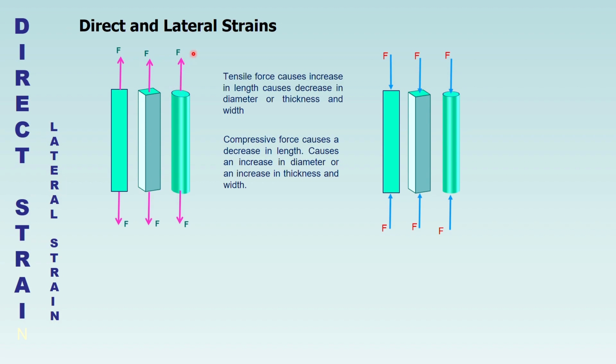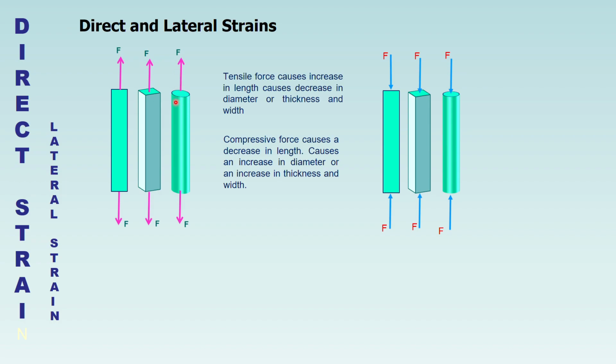Any changes other than the length, we call the lateral strain. For example, when you look at this circular rod here, when you have a tensile force acting along the axis of the bar, this will cause the length to increase.